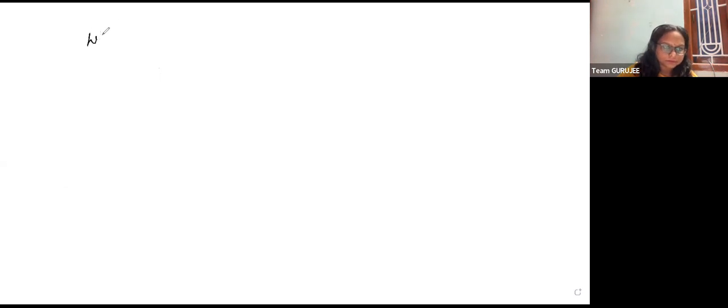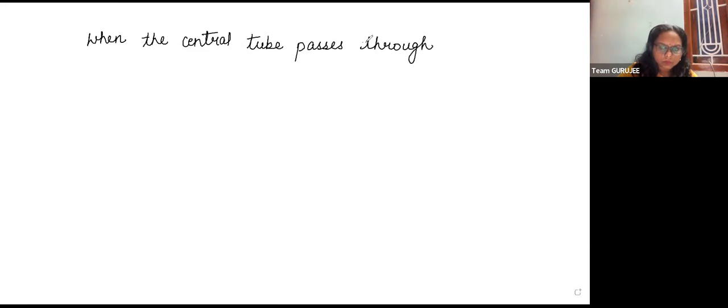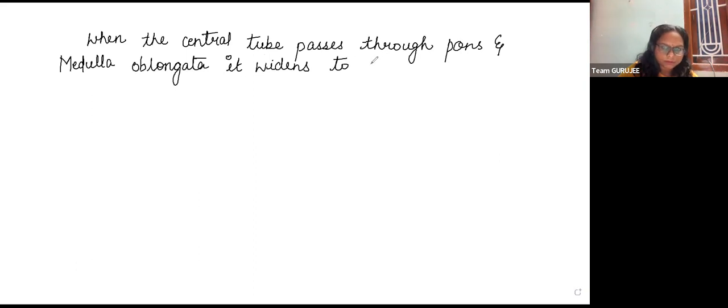Okay, when the central tube passes through the pons and medulla oblongata, it widens to form the fourth ventricle.